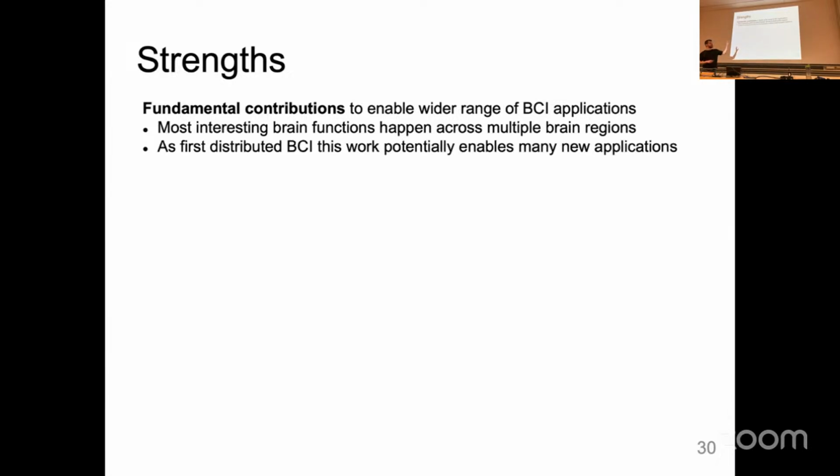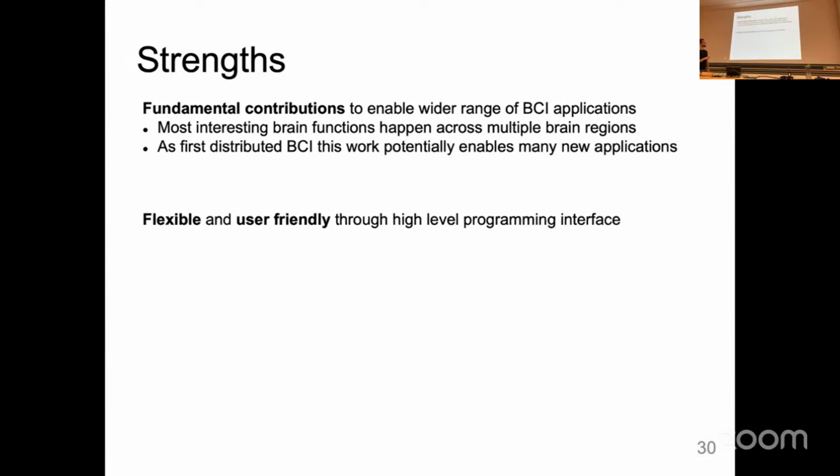And this is the first truly distributed BCI with distributed processing power. As we've seen, this provides increased throughput for many applications, and therefore potentially enables many new applications that haven't been feasible before.